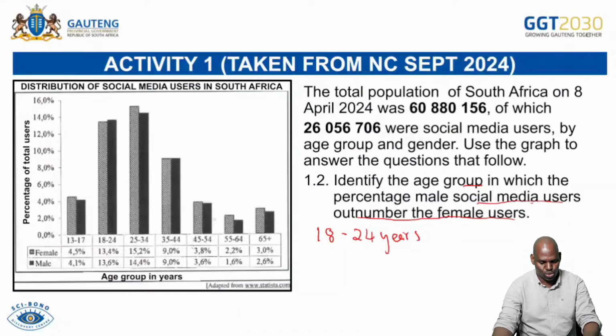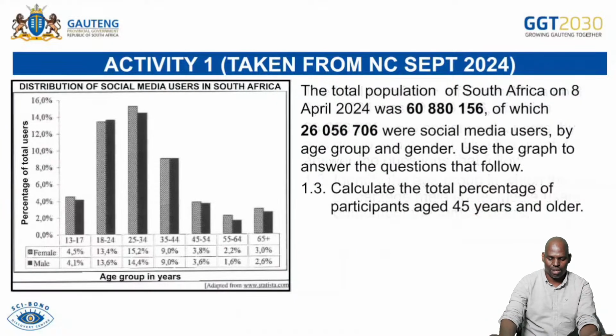Then we've got 2.2, the female is still bigger than male. And then we've got 3.0, the female there is bigger than the male. So it means 18 to 24 years is the only answer. There's no other age group where the male outnumber the female users.